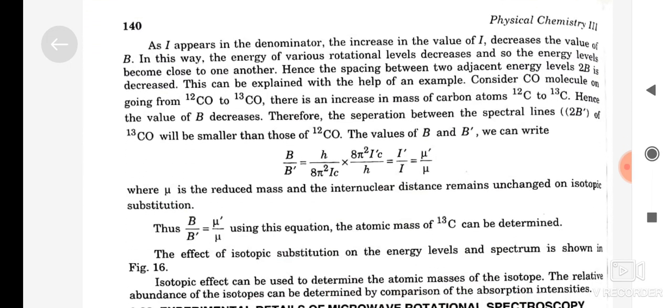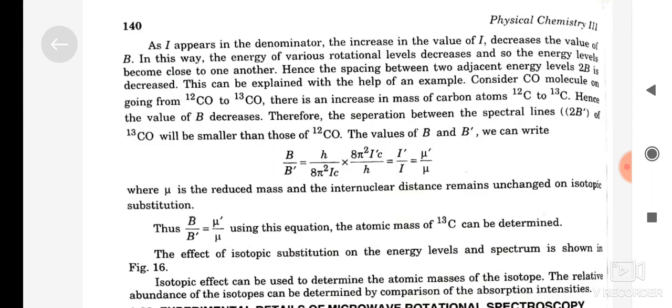As I appears in the denominator, an increase in the value of I decreases the value of B. In this way, the energy of the various rotational levels decreases, so the energy levels become closer to one another, and hence the space between two adjacent energy levels, 2B, decreases.